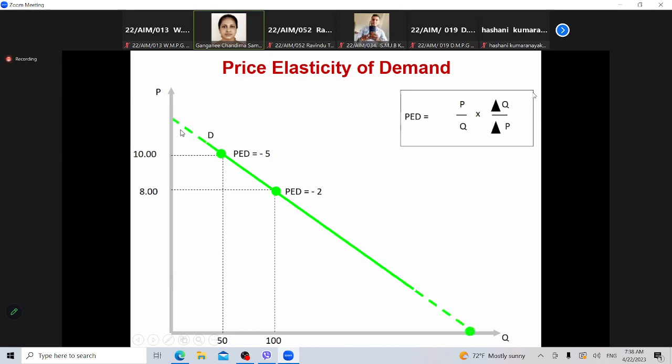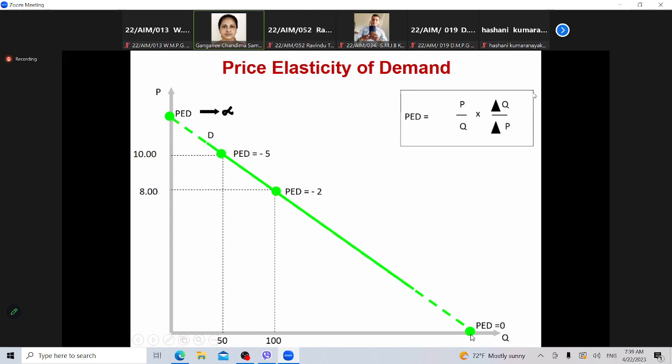Then we extended it until it touches the y-axis, and dragged it till it touches the x-axis. Then you observed that price elasticity of demand changes from 0 to infinity. You can put the equation here and here.